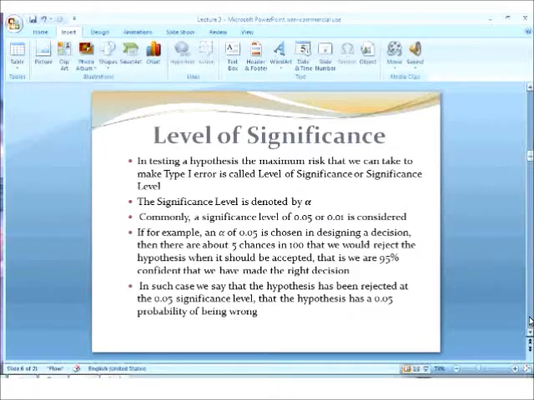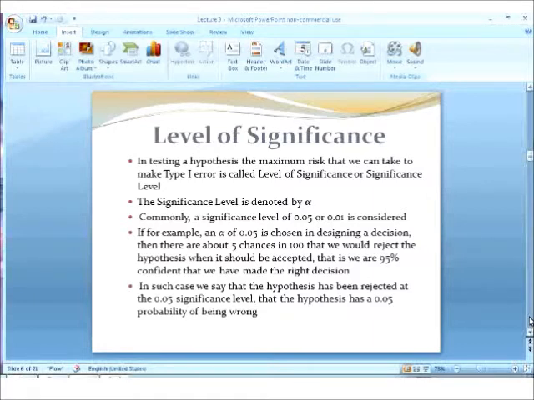You say that I am 95% confident about my claim. I am 90% confident about what I am saying. I am 99% sure what this is, the mean, or the median, or the problem that I have formulated. I am 99% sure about it. So this is your level of confidence.